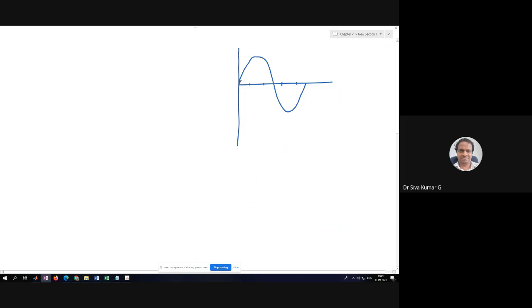This is the fundamental frequency component and this is the third harmonic component.